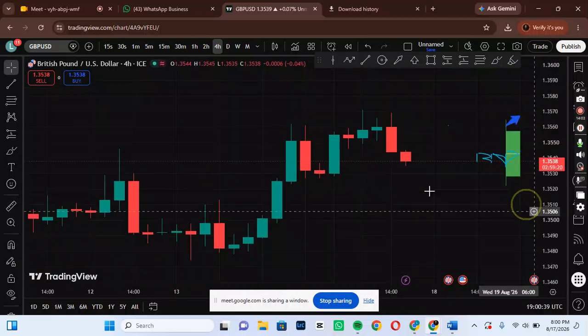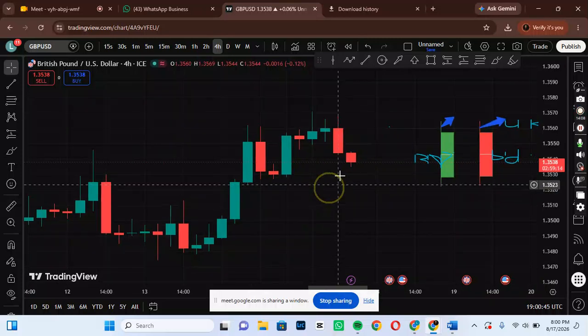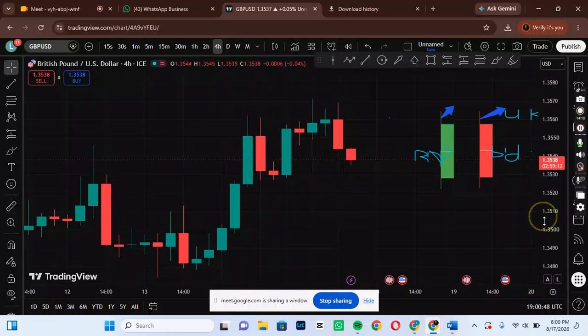We have tweezer top, tweezer bottom. We have a lot of candlesticks that you can go through. You don't need to know all of them, but you never can tell which one you'll be very used to. Understand?